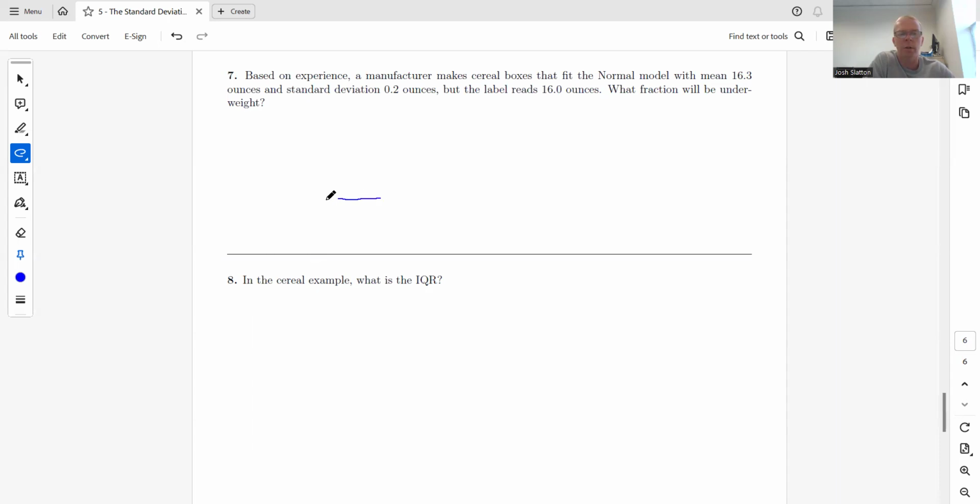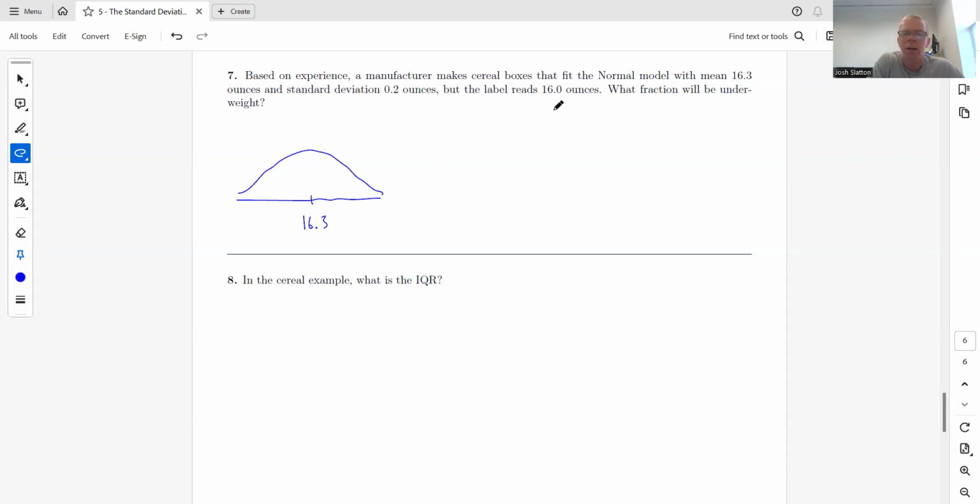Let's do the picture. The mean is 16.3, and notice 16, 1 standard deviation below would be 16.1. 2 standard deviations below would be 15.9. So that is 1.5 standard deviations below.